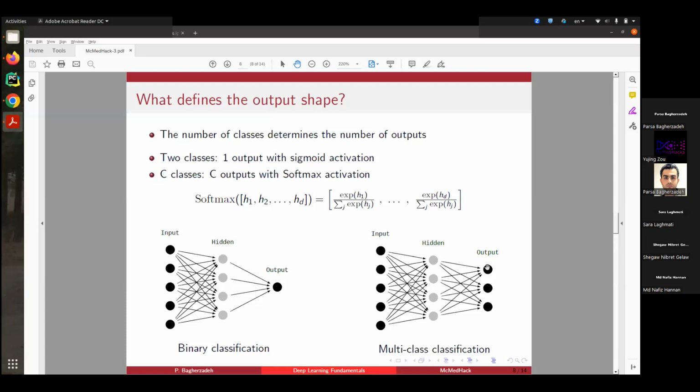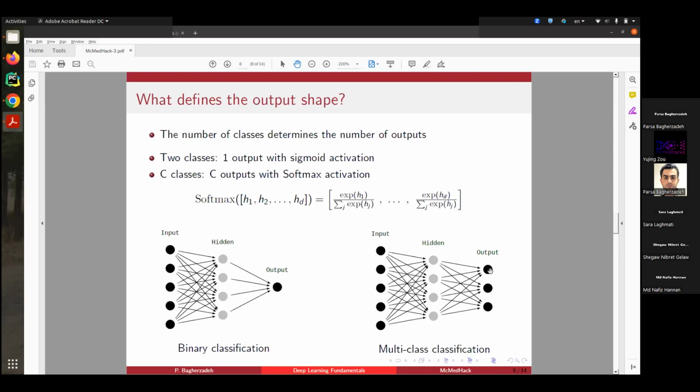We can assign this neuron to correspond to class 0, for instance, this one to class 1, this to class 2, and this to class 3. The raw outputs before applying softmax, I will talk about what softmax is in a minute, are often called logits in a network. Those are raw outputs that can have any values.